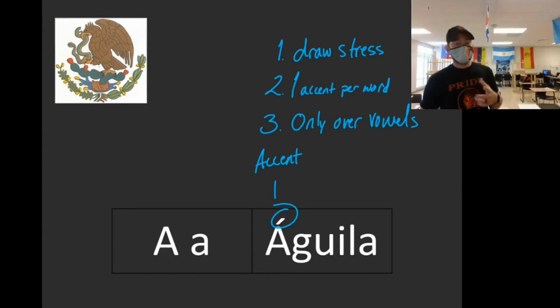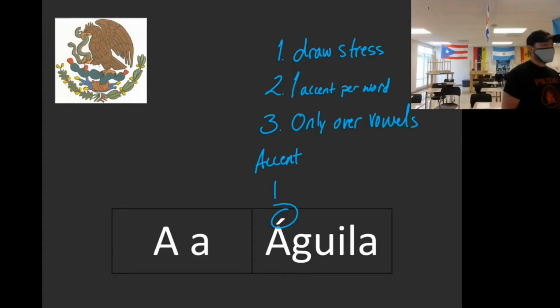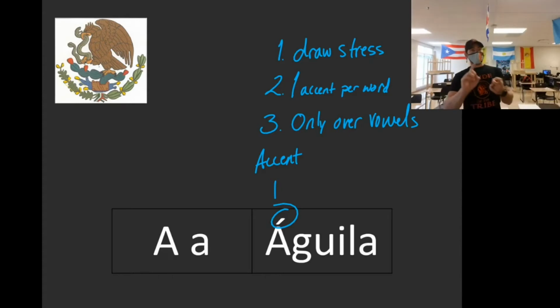Now if you're thinking about that last slide, and it's got that N with that squiggly thing over it, we call that a tilde. That's not technically an accent. That's a different kind of diacritical mark. And we will see one coming up later on, and we'll talk about it when we get to it. So once again, the accent draws stress, one per word, only over vowels.